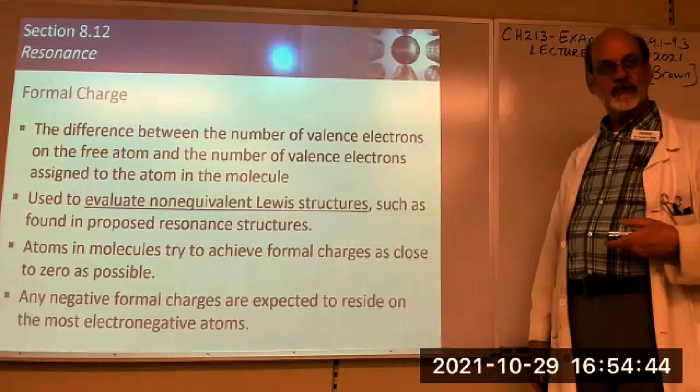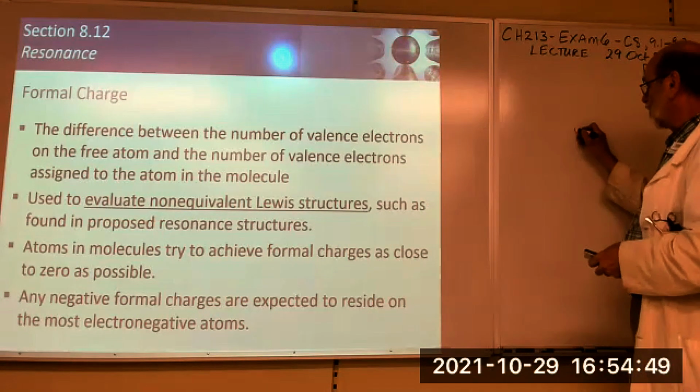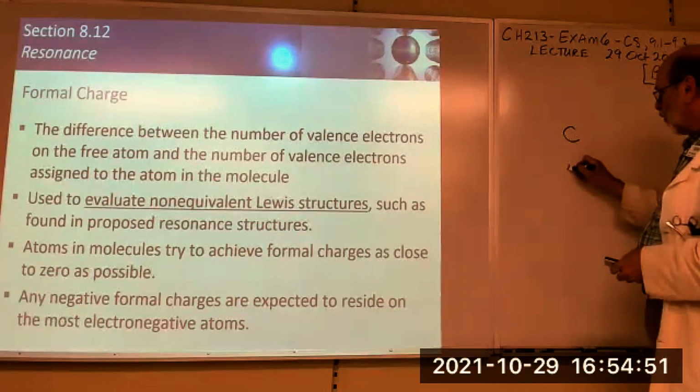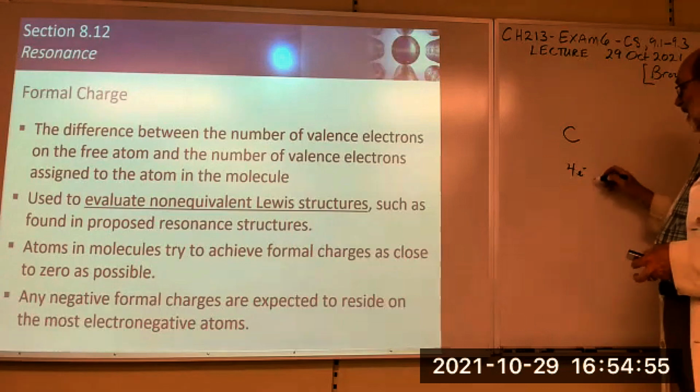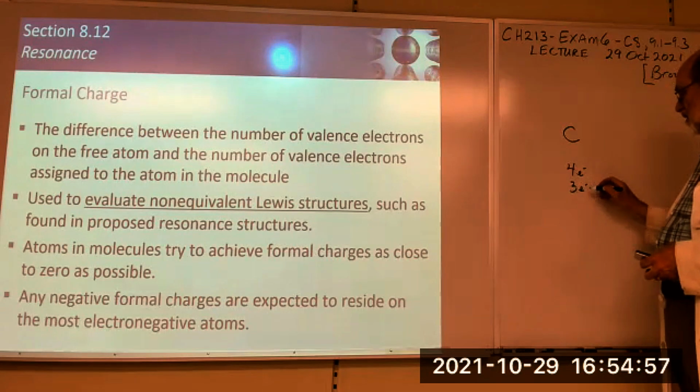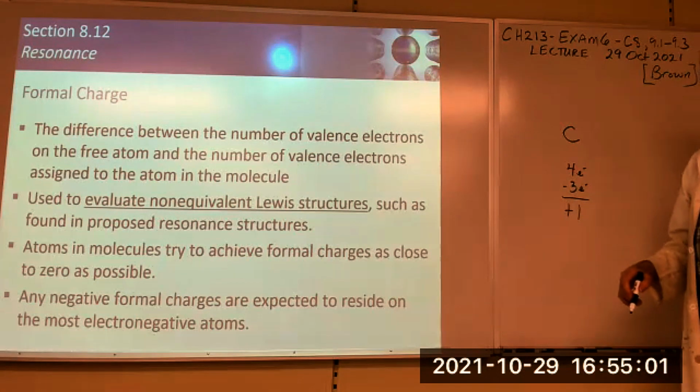And that's the formal charge. So if carbon were in a molecule where it had 4 electrons as a free atom, and now it only has 3 electrons in the bonding, then its formal charge is +1.